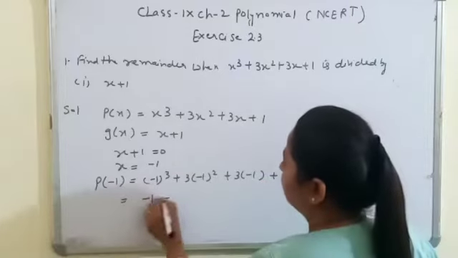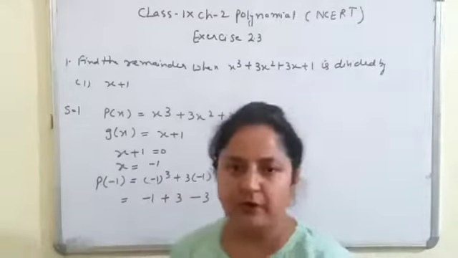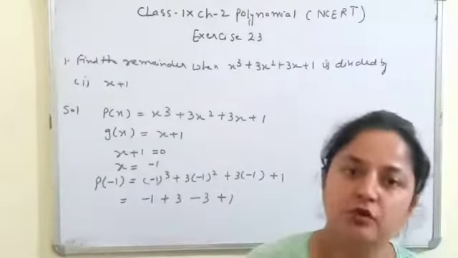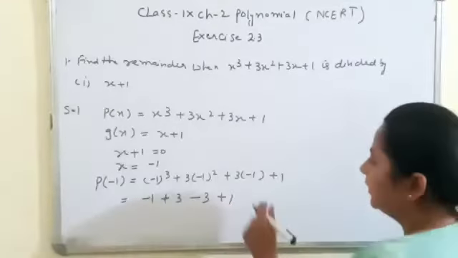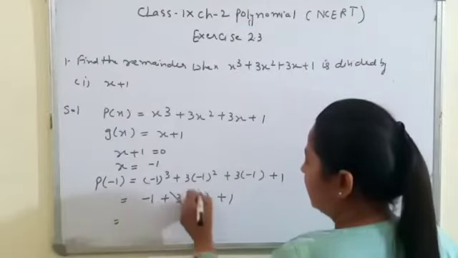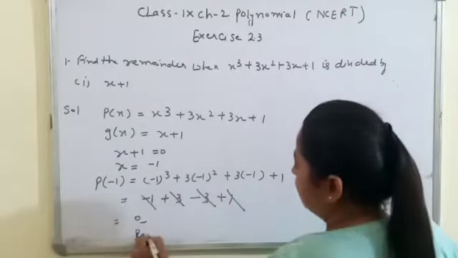So this is (minus 1) cube plus 3 times (minus 1) square plus 3 times (minus 1) plus 1. Minus 1 with an odd power gives minus 1, and with an even power gives plus 1. So minus 1 plus 3 minus 3 plus 1: plus 3 is cancelled by minus 3, plus 1 is cancelled by minus 1, and the result is 0. So the remainder is 0.